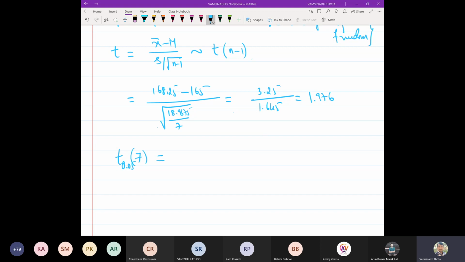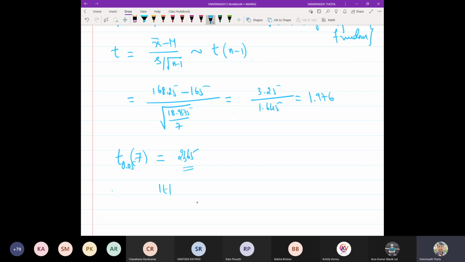Can you look at the statistical table for the t distribution, degrees of freedom 7 and 0.05? It is given to be 2.365. Right?